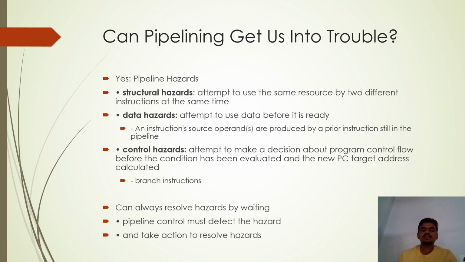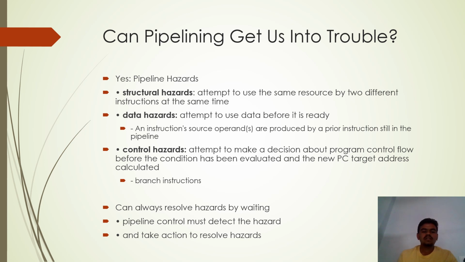Then the last topic is, can pipelining get us into trouble? Yes, pipeline hazards. The first is structural hazards: attempting to use the same resource by two different instructions at the same time. Second is data hazards: attempting to use data before it is ready, where an instruction's source operands are produced by a previous instruction still in the pipeline.